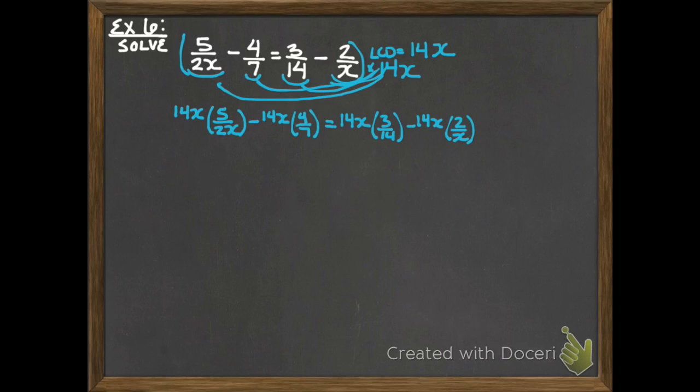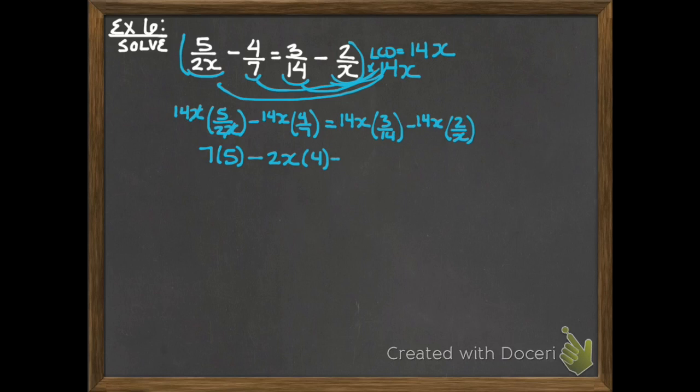So in this step, I'm just going to have a lot of stuff canceling out. So 14x divided by 2x, the x's are going to cancel out, and 14 divided by 2 gives me a 7 times 5 in the numerator, minus here, I don't have any x's in the denominator, but I do have a 7, so 14 divided by 7 gives me 2x in the numerator times that 4.